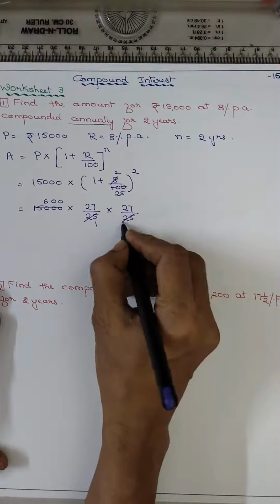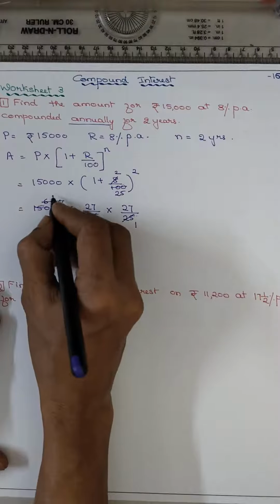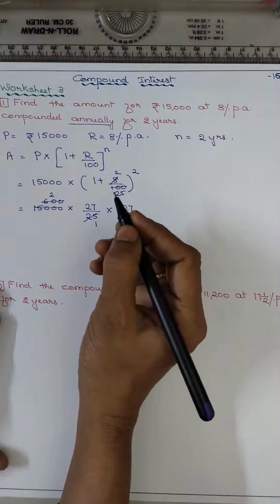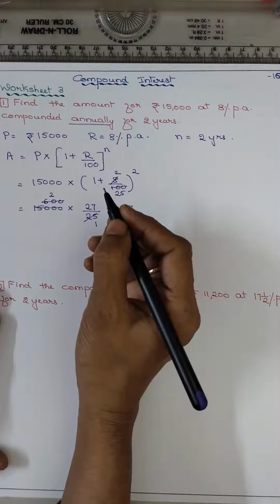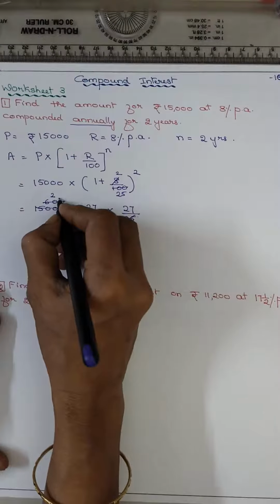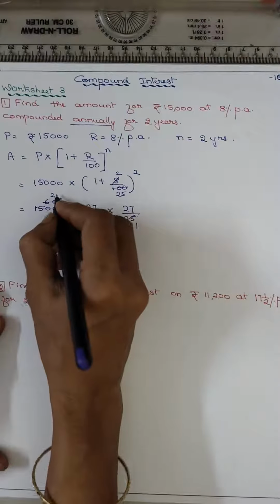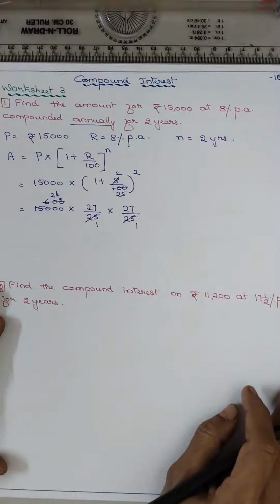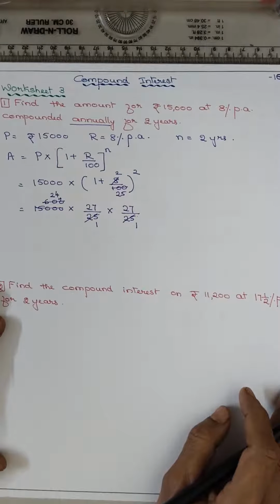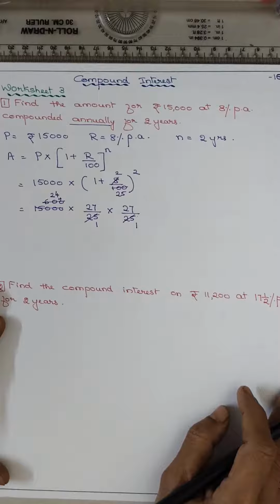Now 25 ones are 25, twos are 50. So 10 remains, that means 100. 4s are, 25 24s are 600.